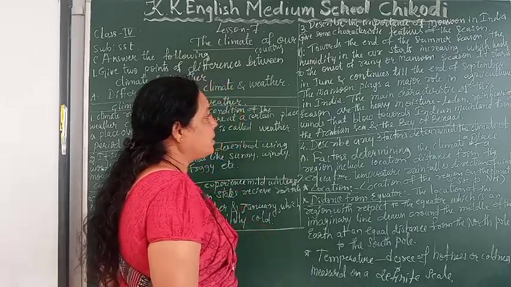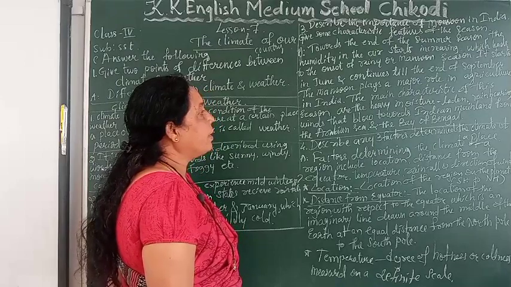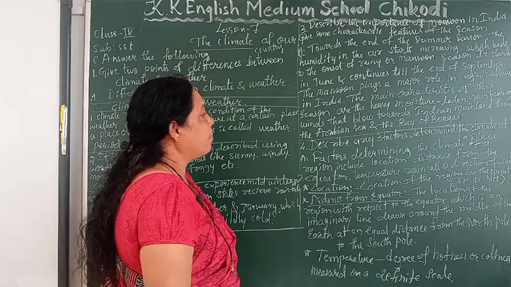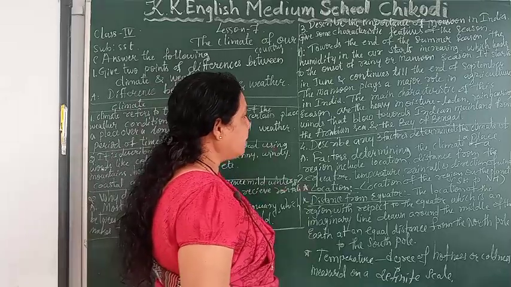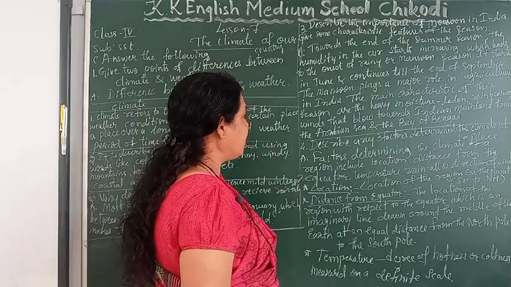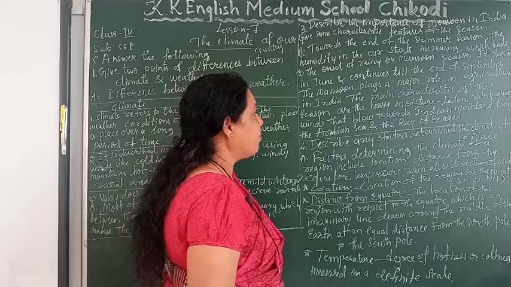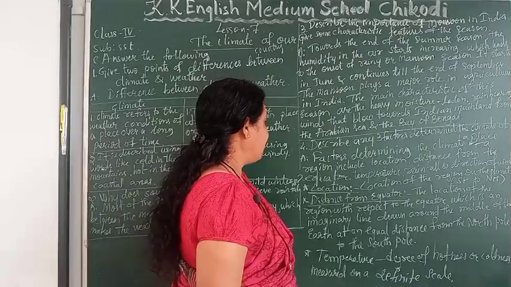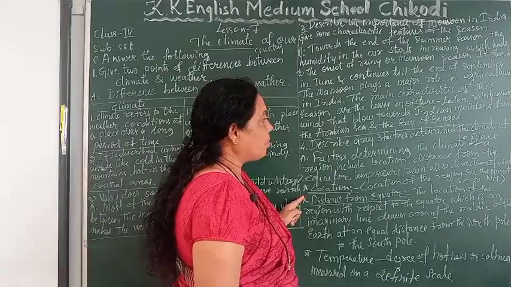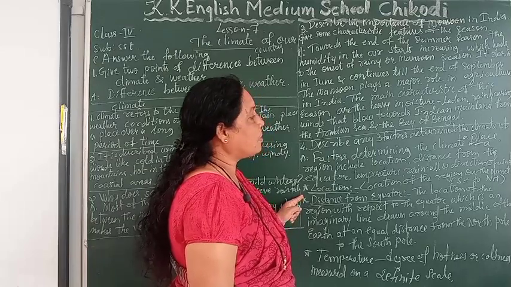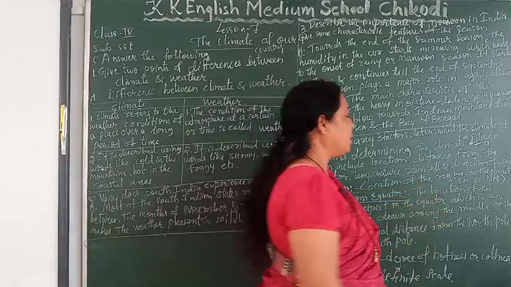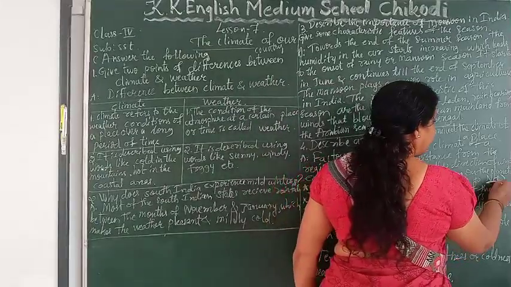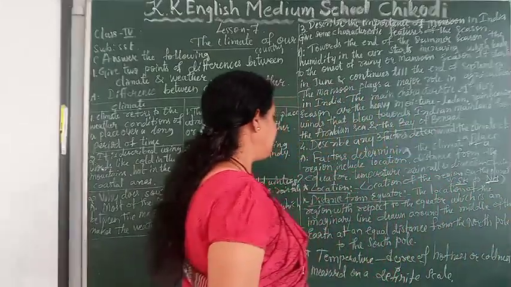Question number 4 is, describe any 3 factors determining the climate of a place. Factors determining the climate of a region include location, distance from the equator, temperature, rainfall and direction of wind. Here, the location of the region on the planet from the southern hemisphere to the northern hemisphere. Here SH means southern hemisphere, NH means northern hemisphere.